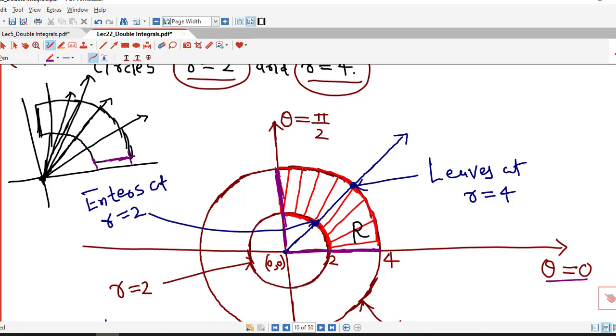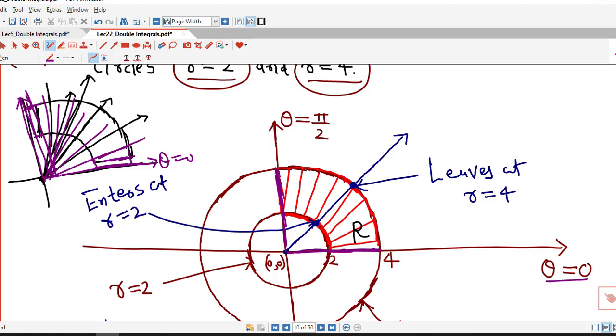This point is up to the y-axis. So we start from this point. At all these points the value of theta is 0, and we are considering this direction. So we have to go up to theta equal to pi by 2 to complete the region.